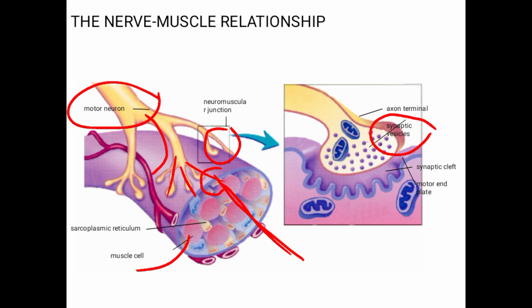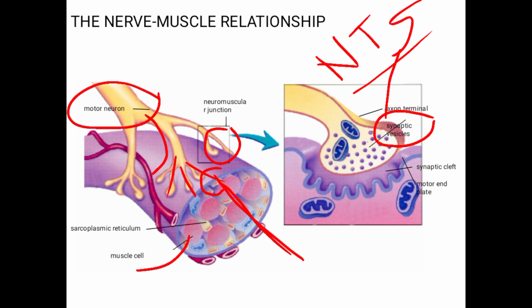So these synaptic vesicles mainly contain neurotransmitter substances, NTS, like here acetylcholine.